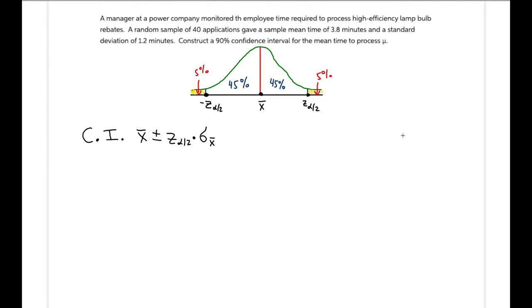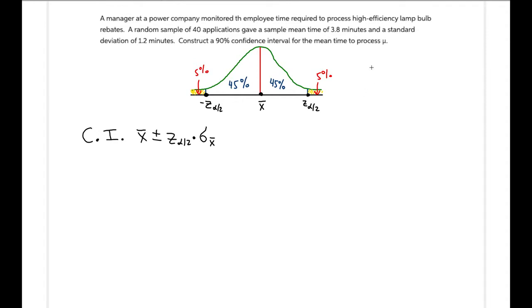I drew this symmetric, normally distributed graph because we can use the normal distribution, precisely the z distribution, since the random sample has 40 applications. The number of items is at least 30, and when it's at least 30, the distribution of the random sample means is approximately normal.